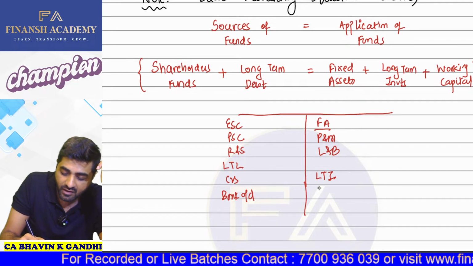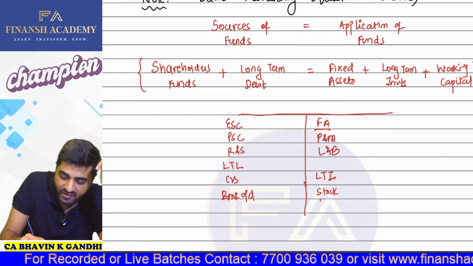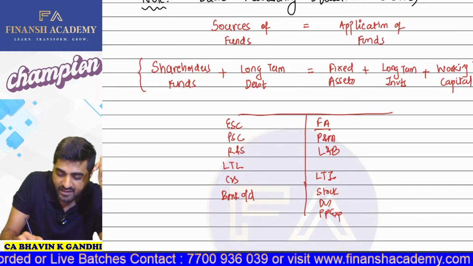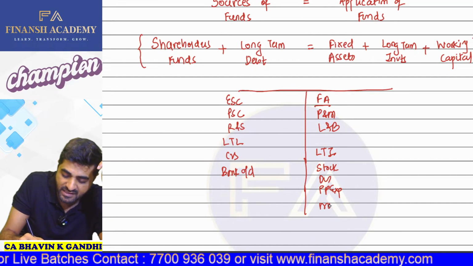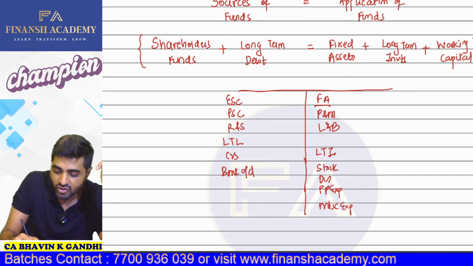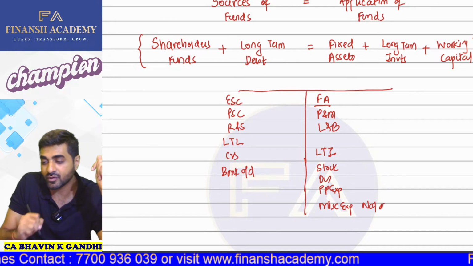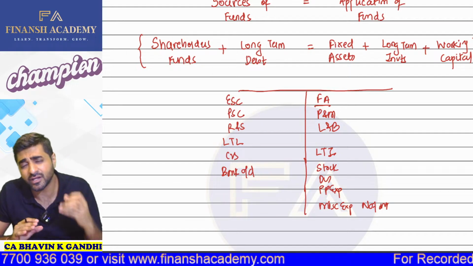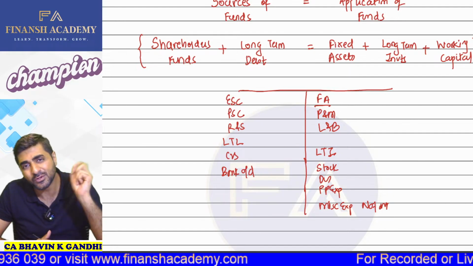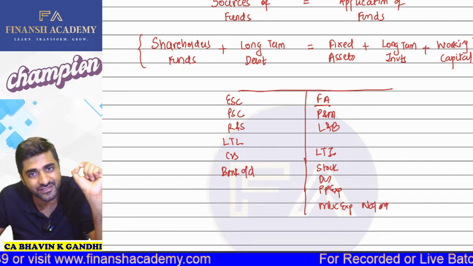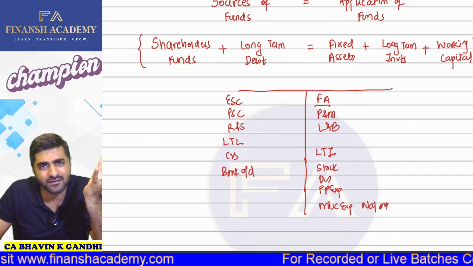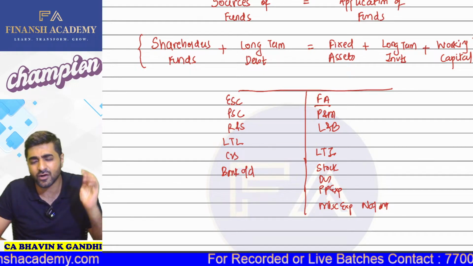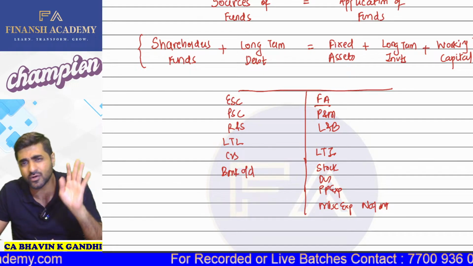Then we have stock, debtors, prepaid expenses, and then we also have, let's say, miscellaneous expenditure not written off. So your balance sheet will look like this somehow. If I want to present this entire balance sheet in one particular line, then I use the concept of the basic accounting equation, which is sources of funds equal to application. Whatever sources of funds are, we are going to apply them somewhere, so sources should be equal to your application.